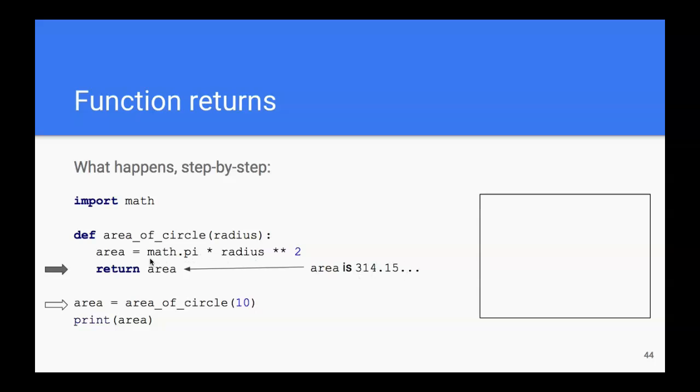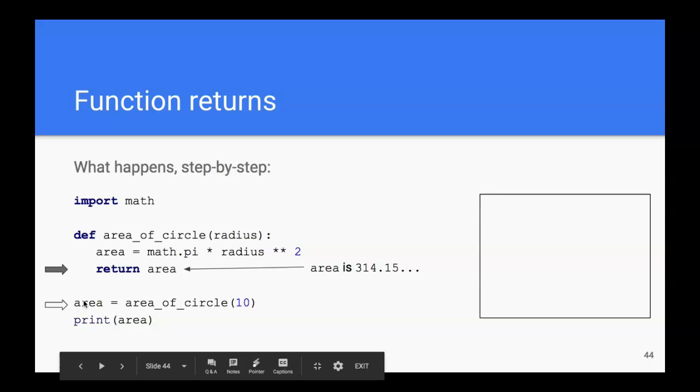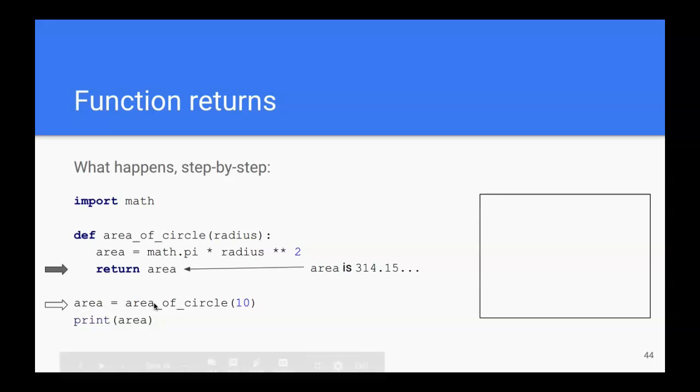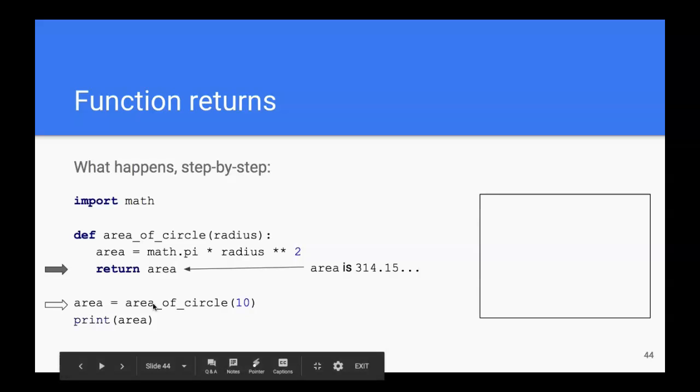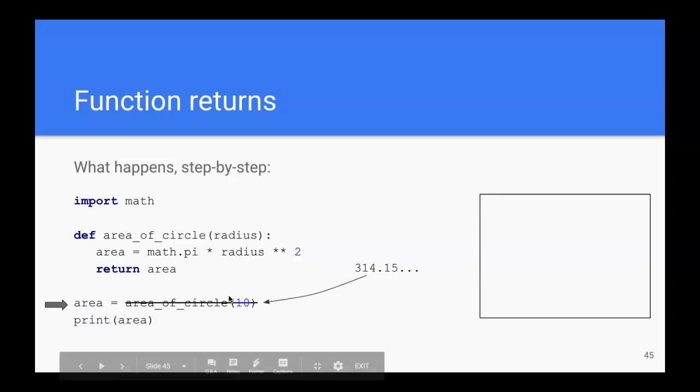And then it returns this number to the line that the function is invoked from. Okay, that's why we keep an arrow here. This is where we call that function. So this number, 314, is the return value of this function.